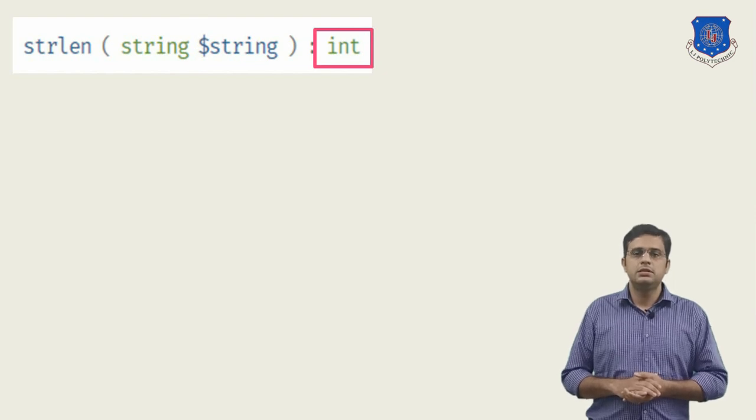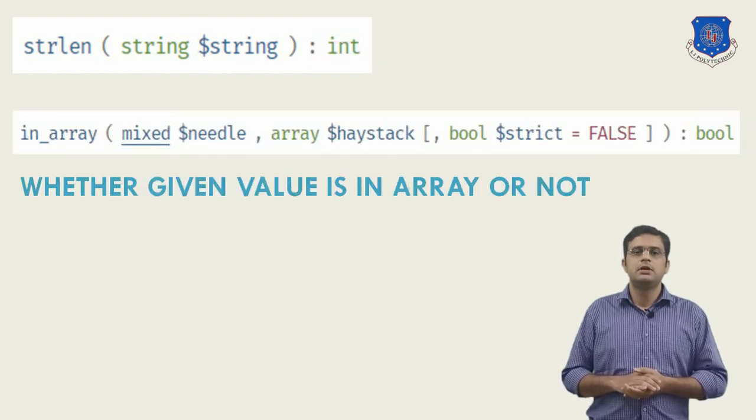Let us see another example. Here is the syntax of function in_array. It tells you whether a given value is in an array or not. As you can see, this function takes 3 arguments. First argument reads needle, which refers to the value to be searched for.